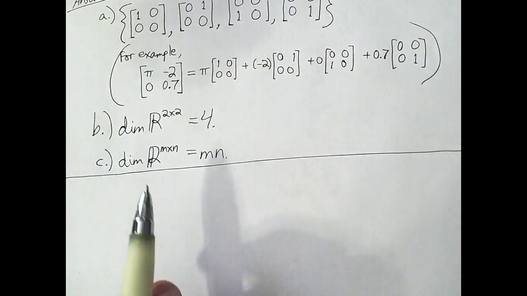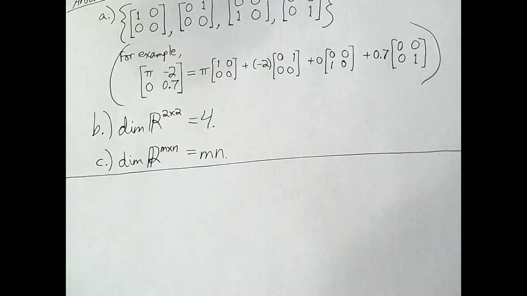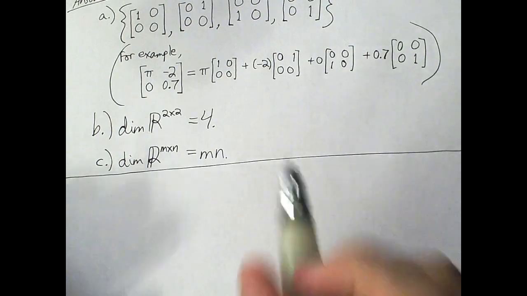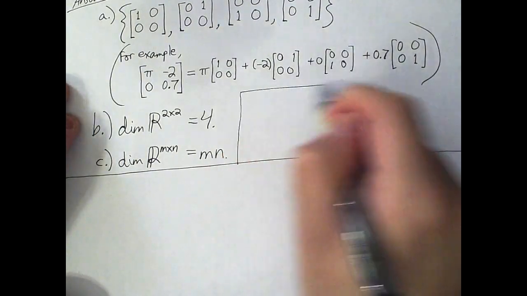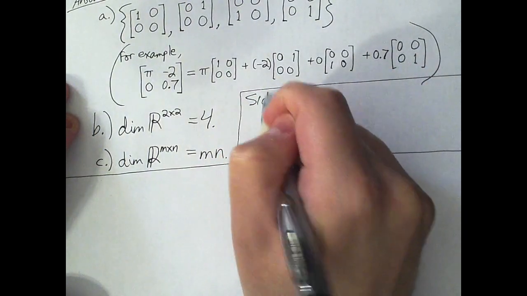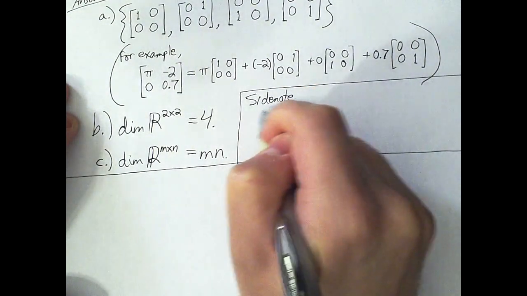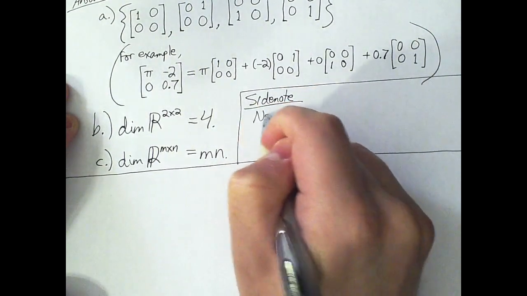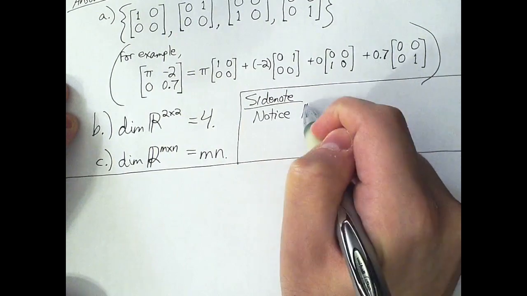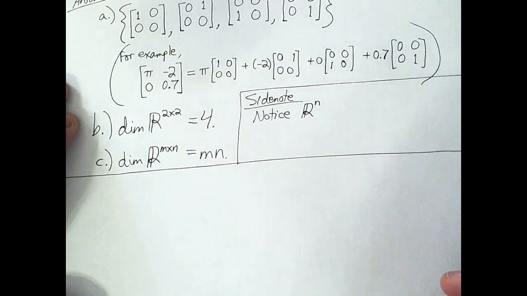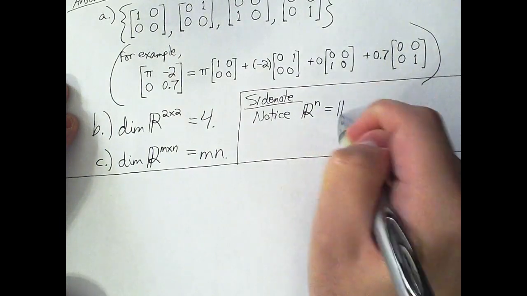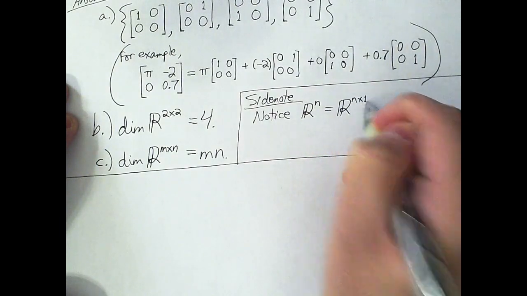It seems to go with what we know about Rn. Here's a little side note. Notice that when we've talked about Rn in this course, doesn't that really just equal R n by 1?